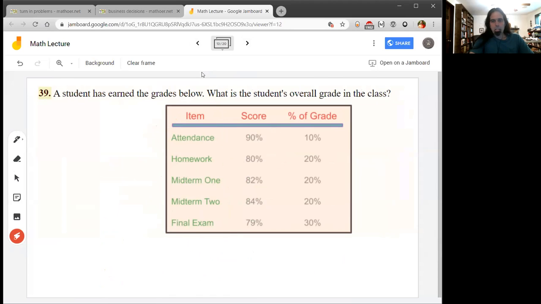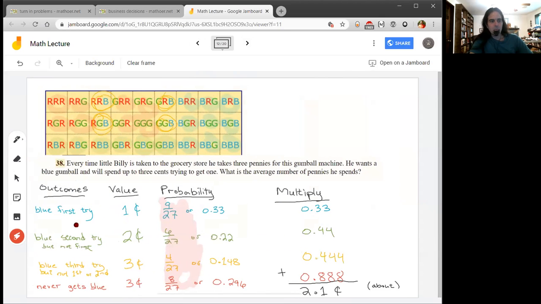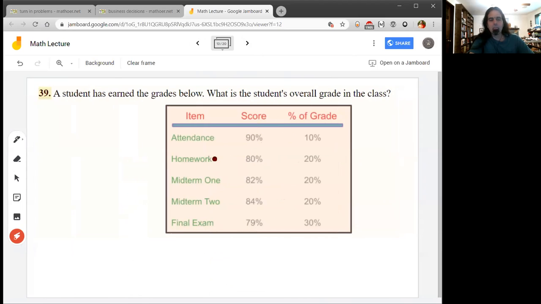But that's actually not different, because if he went to the grocery store 100 times, he would get all of these too. Sometimes he would get one, sometimes he would get another, but they all happen with this probability. So this is basically the same kind of thing. Throughout the term, every student has all of these things happen. Some days it's an attendance day, some day it's a midterm day, but you get all of them happen.